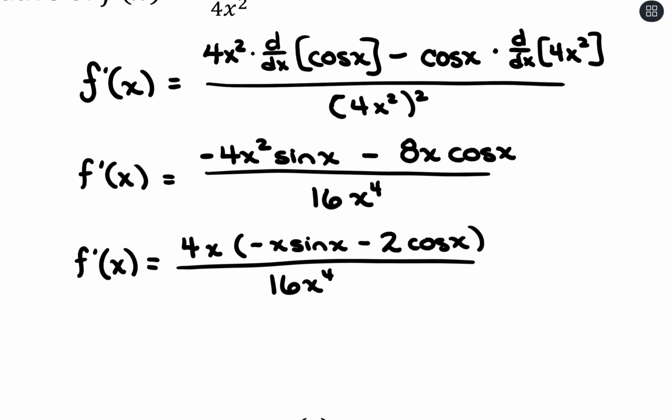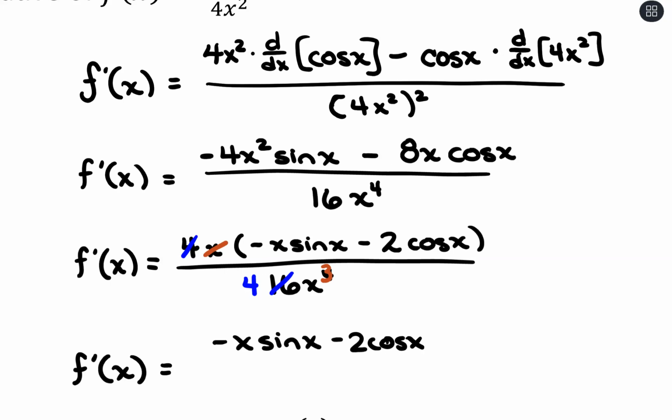And then I can see 4 divided by 16 will leave me with a 4 in the denominator. X's cancel to leave me with 3 in the denominator. So my derivative is going to be negative x sine x minus 2 cosine x all over 4x cubed.